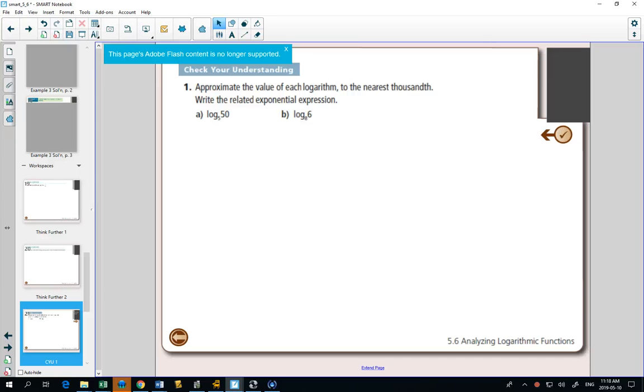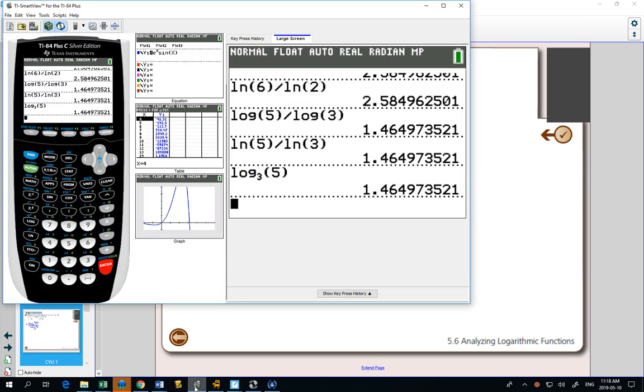Okay? So now I'm going to use the change of base theorem and say this is equal to log 50 over log 5 so that I can type it into my calculator to see if I get an answer as I suspected between 2 and 3. Log 50 divided by log 5.